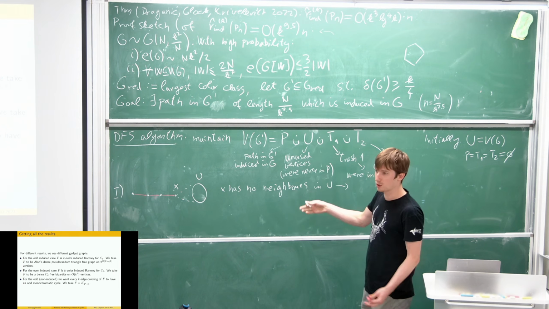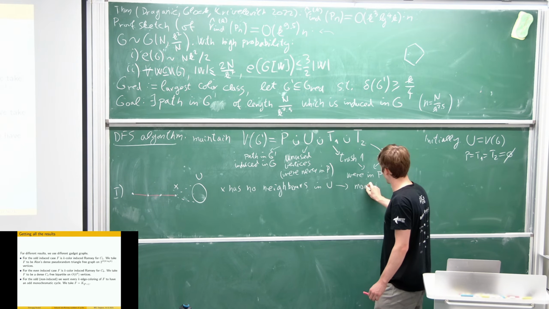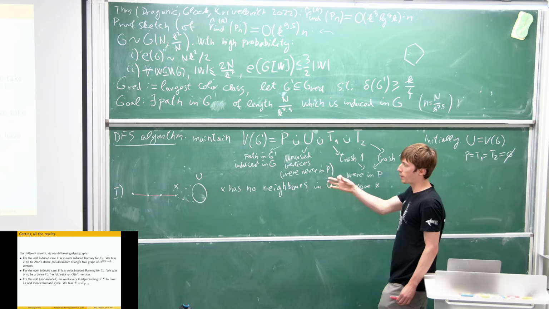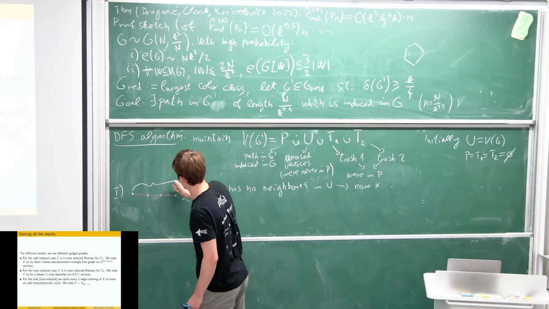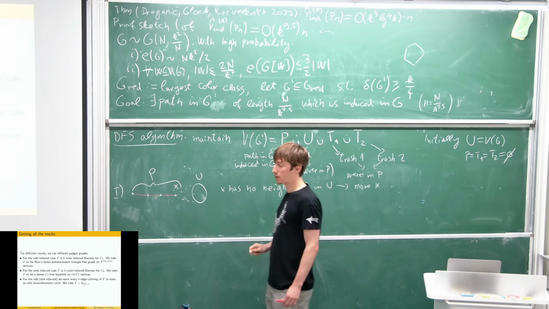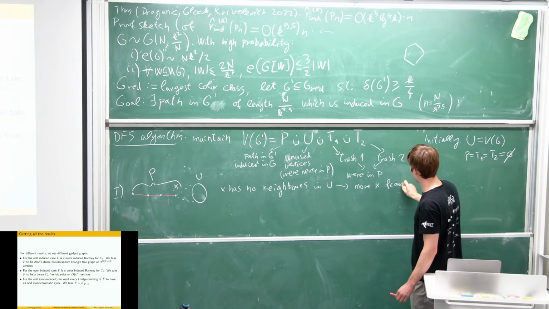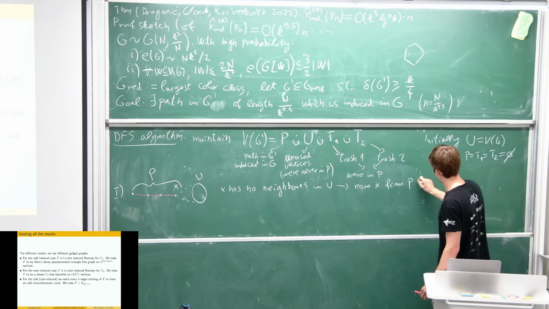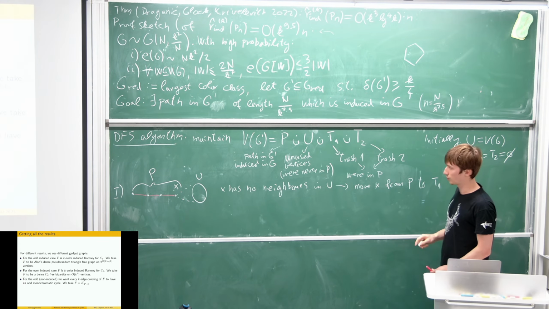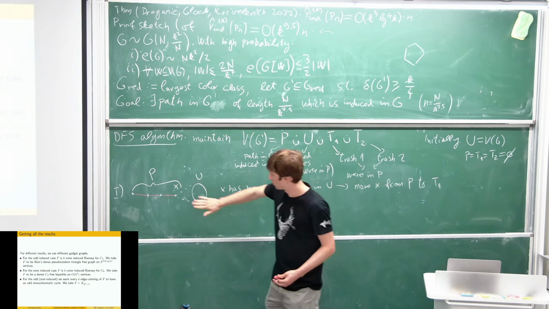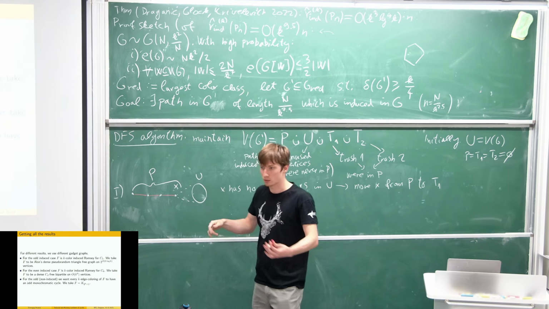Well, we cannot continue, so we need to do something. We remove X from the path. So this is the path, this is the set P, which is a path. We move X from the end of the path to the first trash, T1. Okay, so we remove X, and then again from this vertex we try to continue the path.